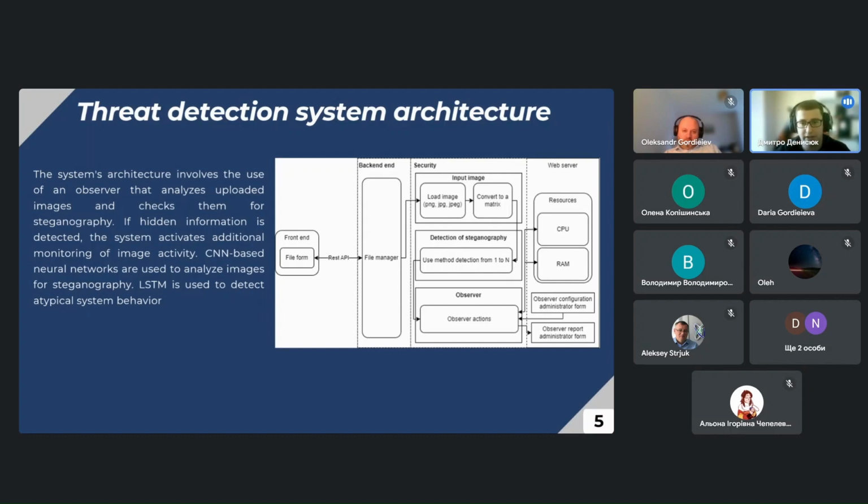To analyze the behavior of the system, a recurrent neural network with long short-term memory (LSTM) is used because it is capable of detecting anomalous patterns.